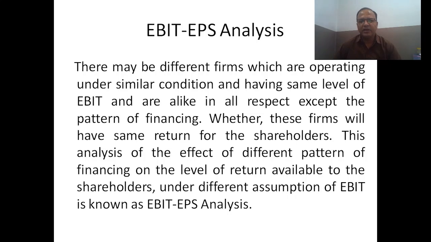Option number 5, it may collect 25 lakh by equity, 25 lakh by debt. Another option, it may be 10 lakh by equity, 10 lakh by debt, 10 lakh by preference share, and the remaining part by bank loan. So there are a number of alternatives available in front of the organization.